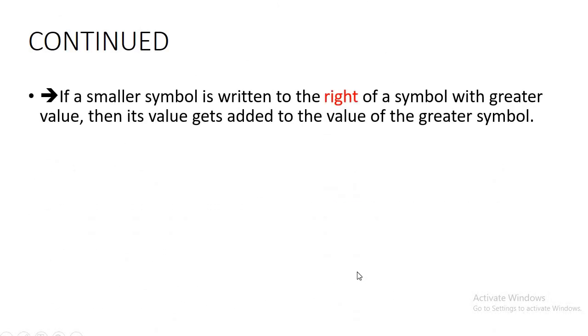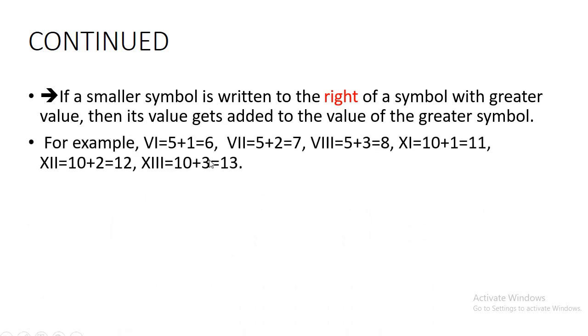Next rule is, if a smaller symbol is placed to the right of the symbol with greater value, then its value gets added to the value of the greater symbol. For example, opposite to the previous rule, now I is present to the right of the larger symbol, so its value will be added to the larger symbol.